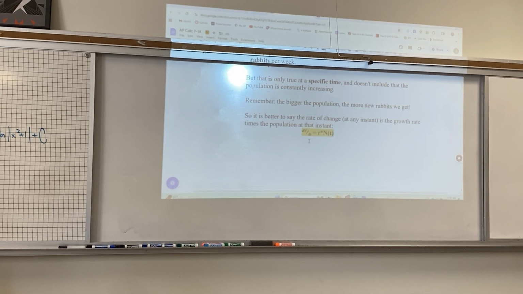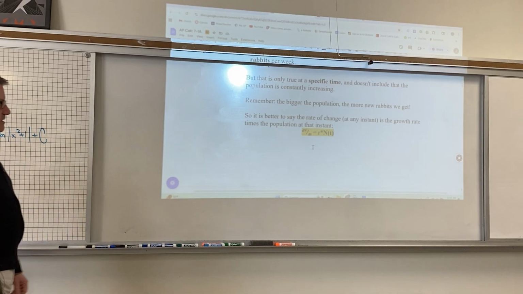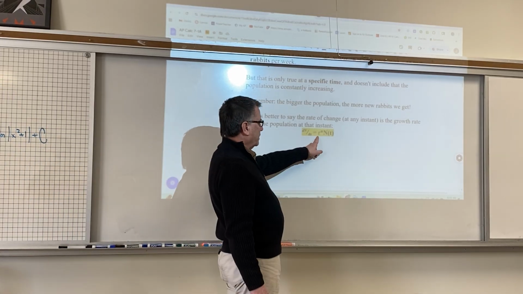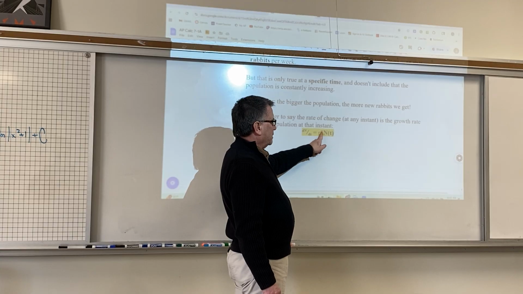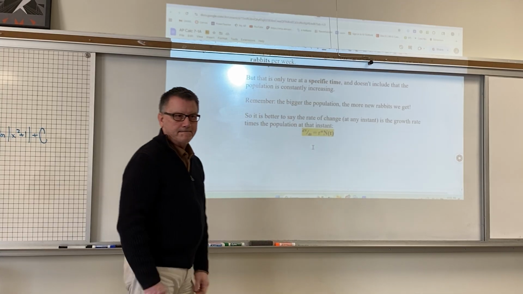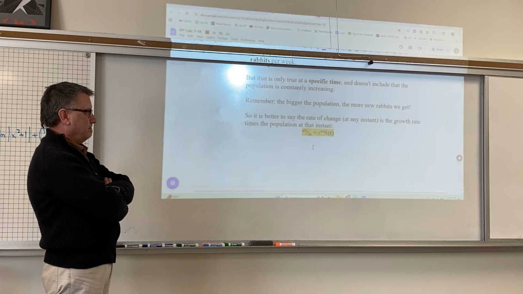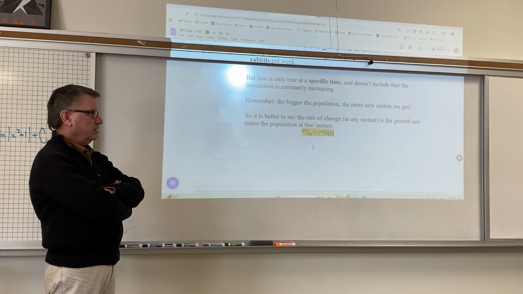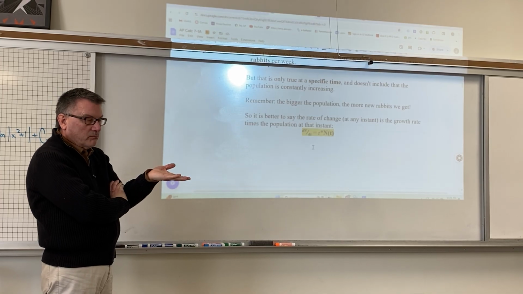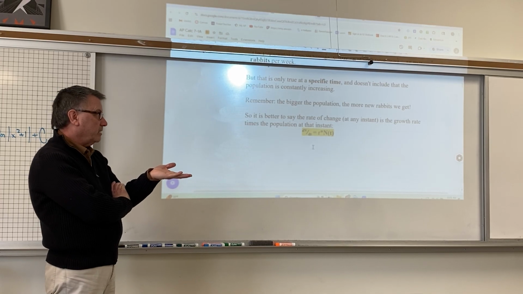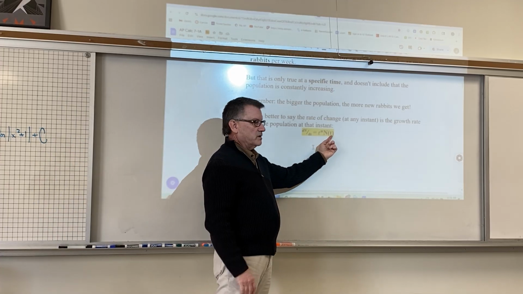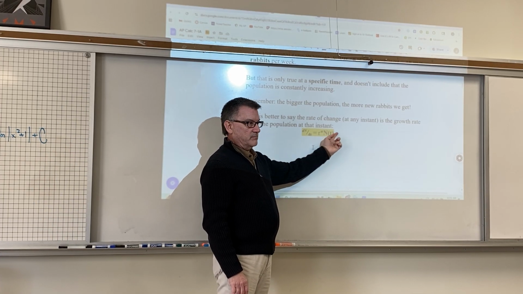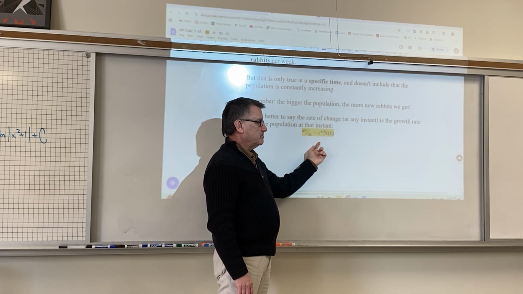This is a differential equation. Here's your derivative, dN/dt, equals the growth rate times the population at a particular point. I mean, that makes sense, right? Growing at a rate of 0.1. 0.1 of what? Well, the population. Initially it was 1,000, but it won't be 12 weeks from now. I'll have a different population size, so it'll be 10% of that.